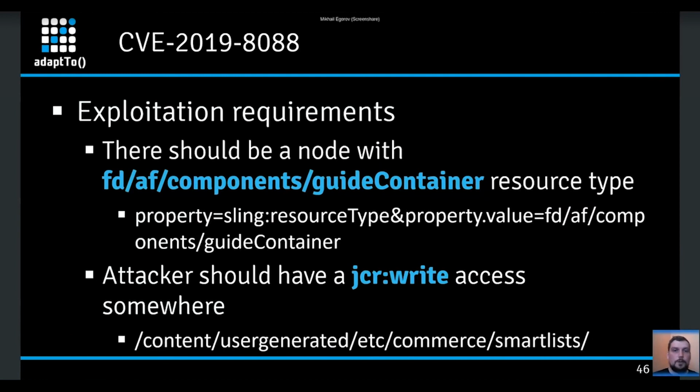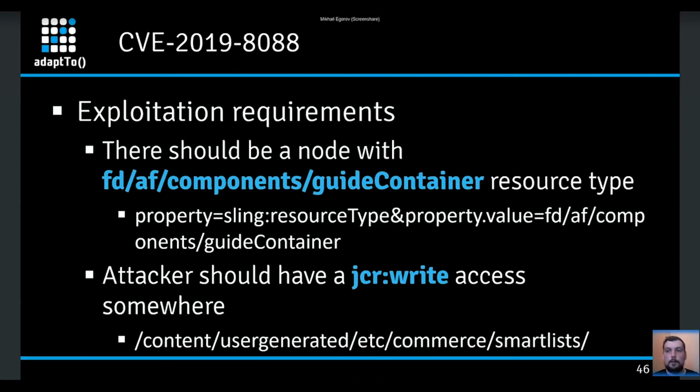To exploit this, we need a GCR node with a proper resource type. Additionally, this node should have the enabled server validation attribute set to true. As I've already mentioned, GCR node content user-generated at CCommerce smart lists is usually writable by an anonymous user.